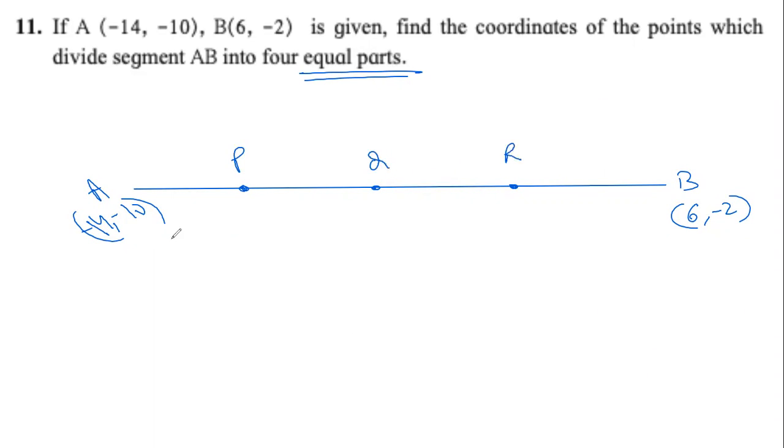Tell me what will be the fraction for each of the equal parts. 1/4, 1/4, 1/4, 1/4. Now we have to find the ratio for point P. So we are finding this ratio.